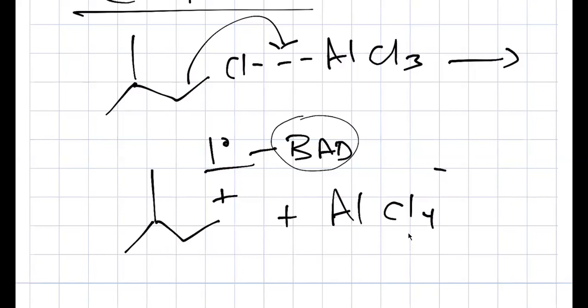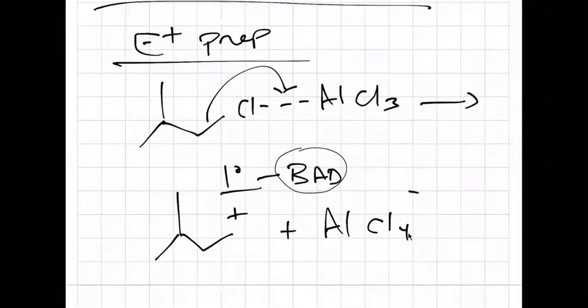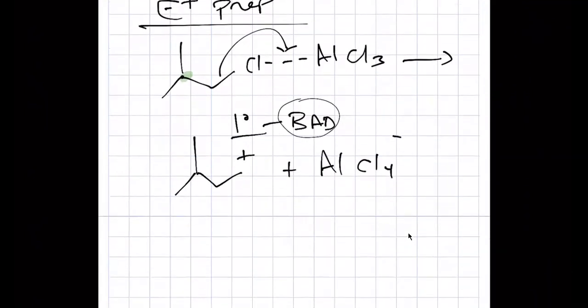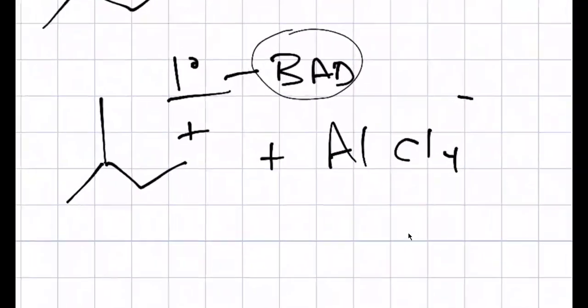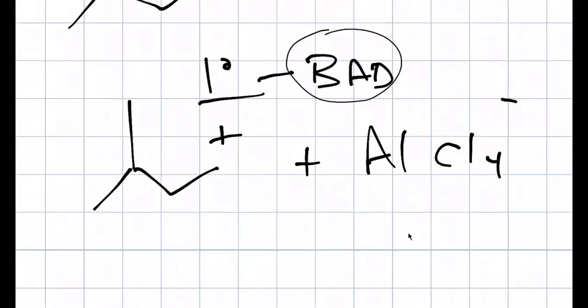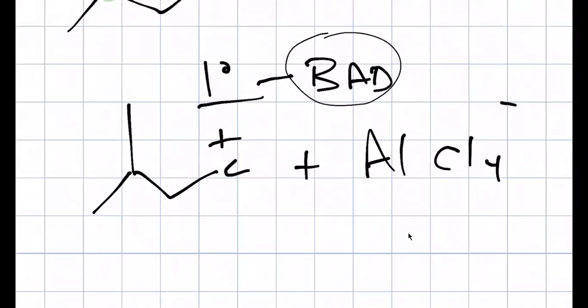And if we look at the product, it looks like the carbon here is the carbon that got attacked. So how would I put a carbocation at that carbon? What could I do? We've done this before. It's not new. And I'm going to write this out so you can see it. What can I do?